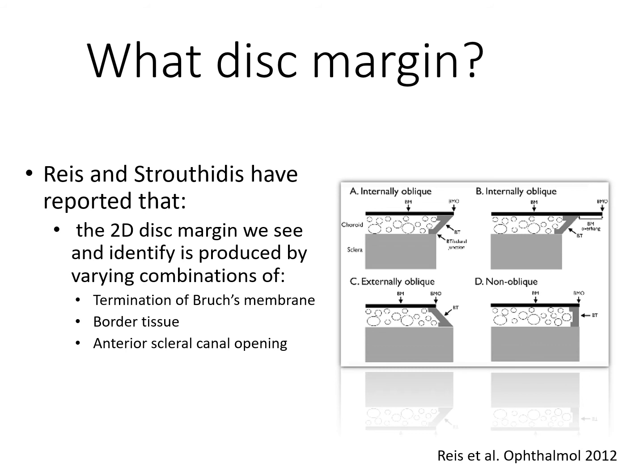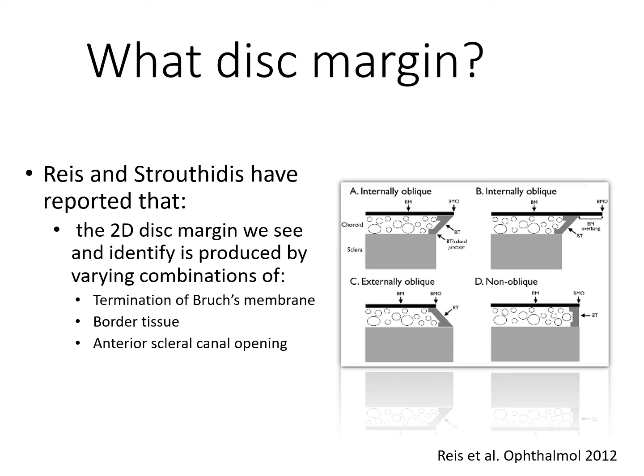Another problem that you can find in this structure and function correlation is the optic disc margin. Sometimes it's very difficult to identify. Usually in planimetry or using ophthalmoscopy, you can identify the optic disc margin as the termination of the Bruch membrane, or as the border tissue, or as the anterior scleral canal opening.